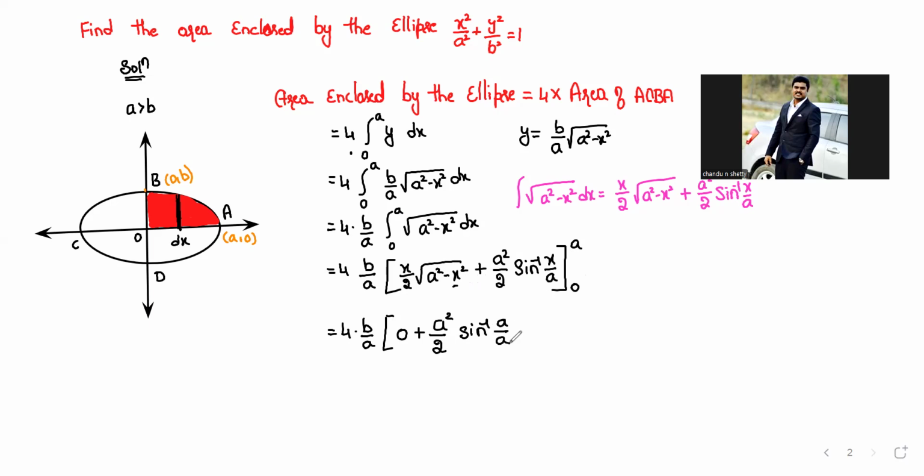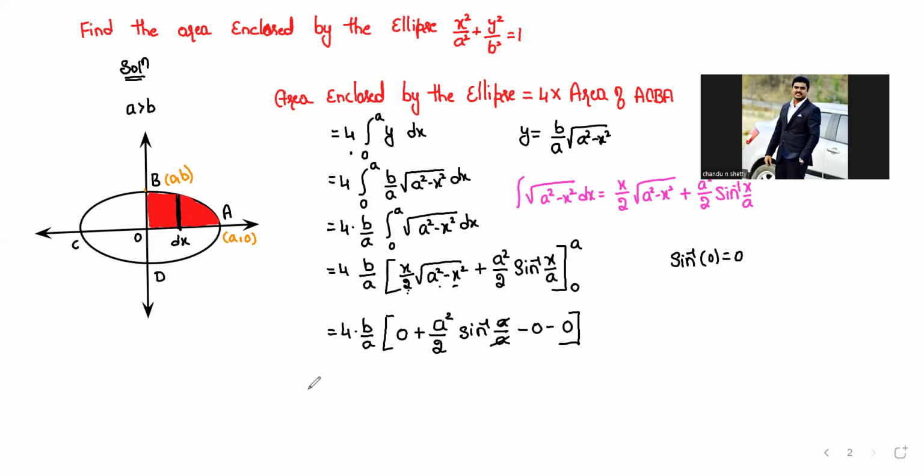Clear? Now the lower limit: 0 by anything is 0, and 0 into anything is 0, so minus 0. And again minus: applying 0, 0 by anything is 0, and sine inverse of 0 is 0. Clear, all of you.